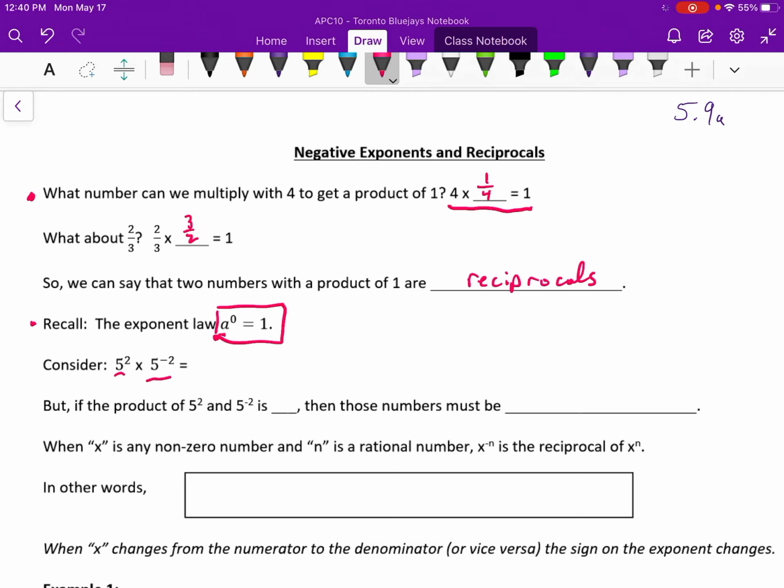Well, using the product law of powers, we would simply add the exponents. So 5 squared times 5 to the -2 is really 5 to the 0. Then 5 squared times 5 to the -2 must be equal to 1.